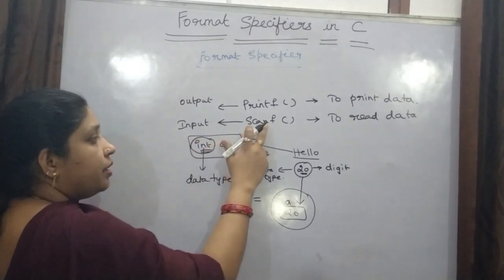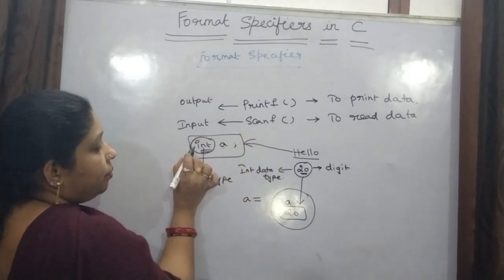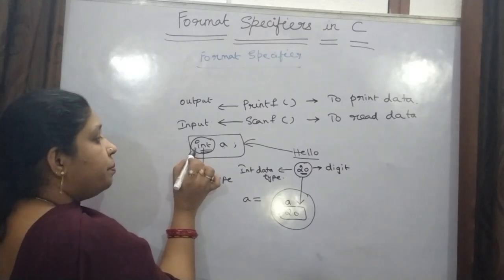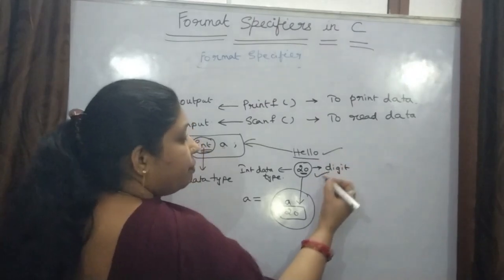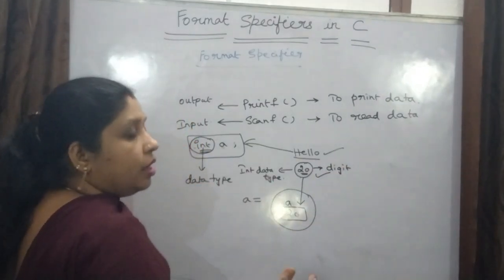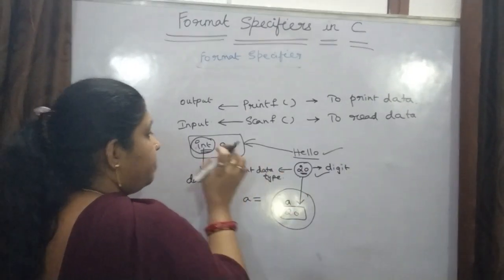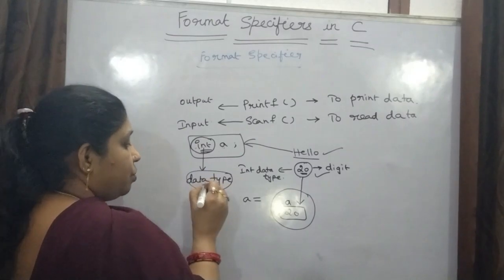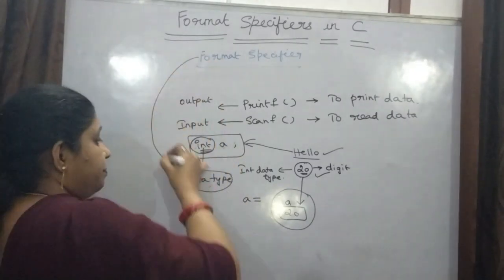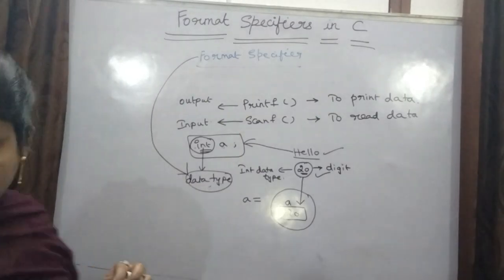Or if you want to read the value of A using scan, it also has to depend on the data type. That means the type of value you are giving to the variable A is nothing but the data type. So these format specifiers are dependent on the data type.